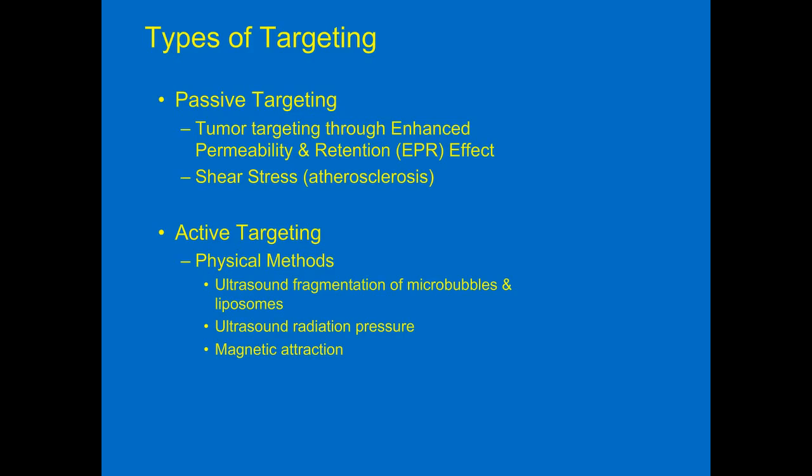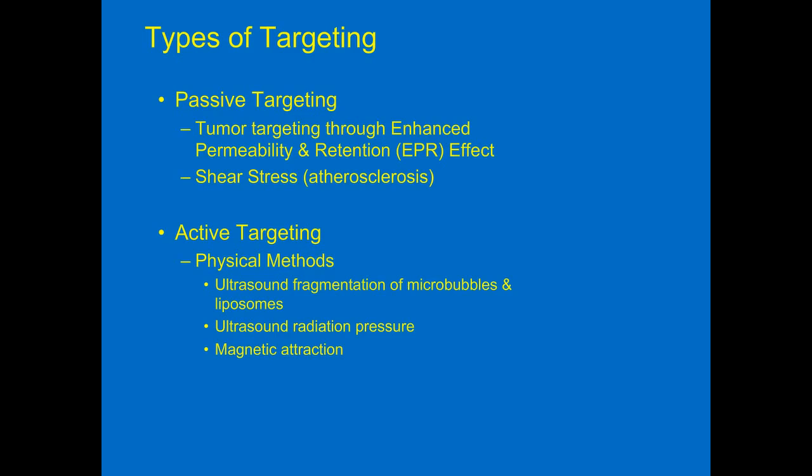Okay, now the types of targeting, there's two major types. There's passive and active. Passive targeting is a situation where your nanoparticle, by virtue of its basic properties, will end up where you want it to go.